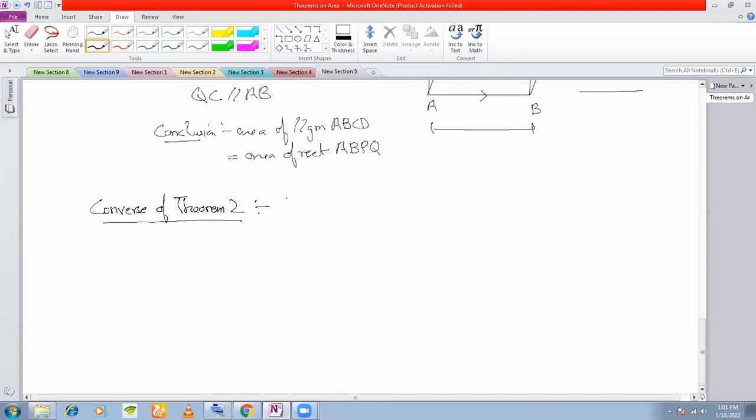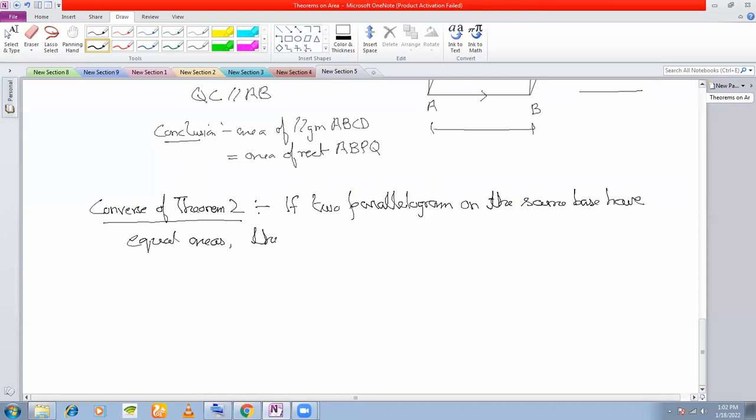Converse of this theorem is, if two parallelograms on the same base have equal areas, then they must be between the same parallel lines.